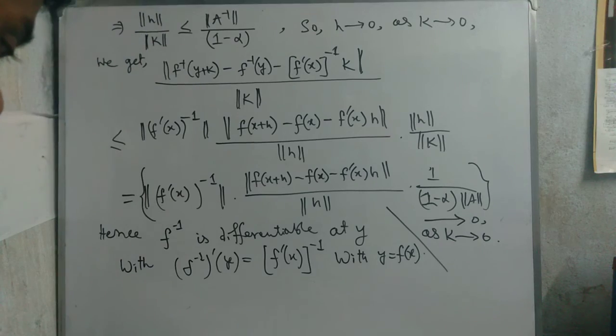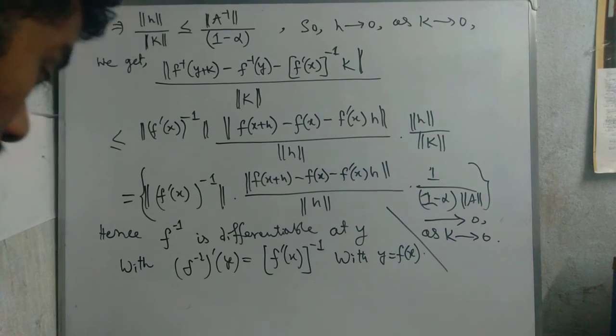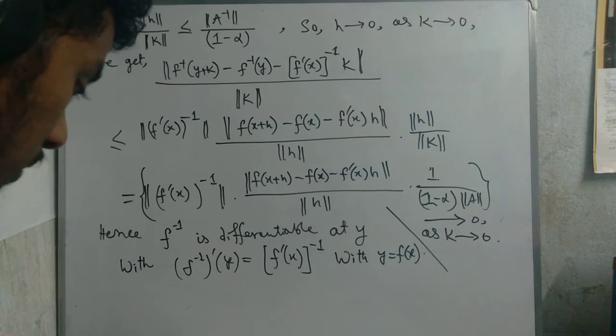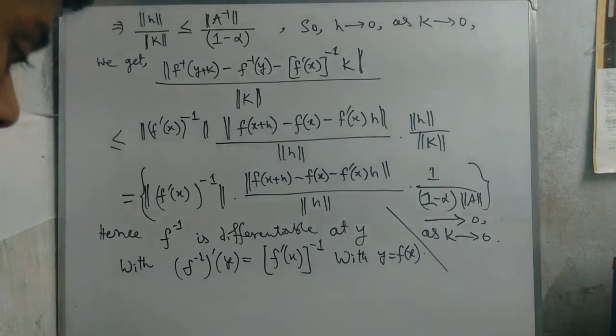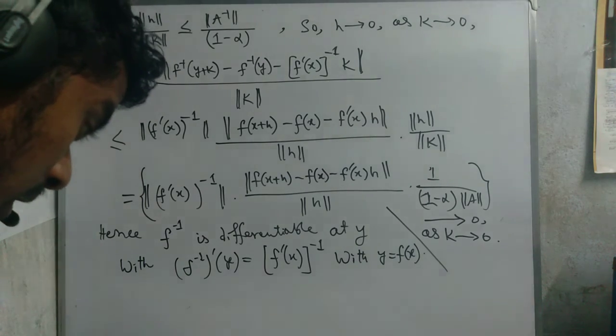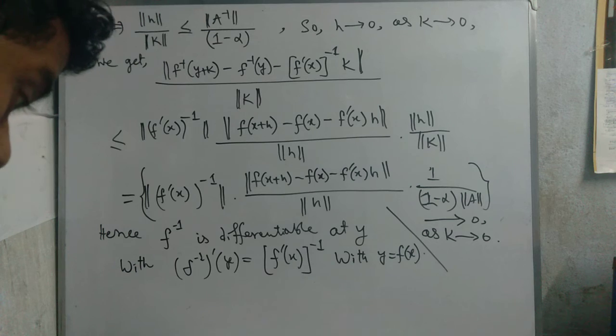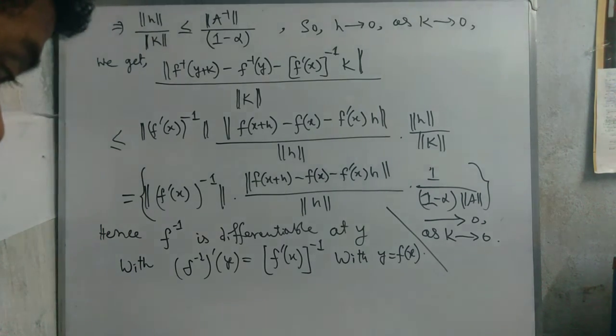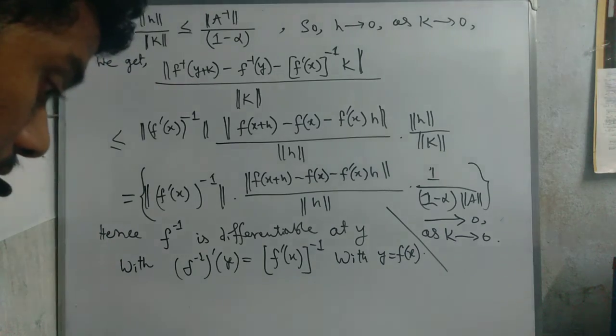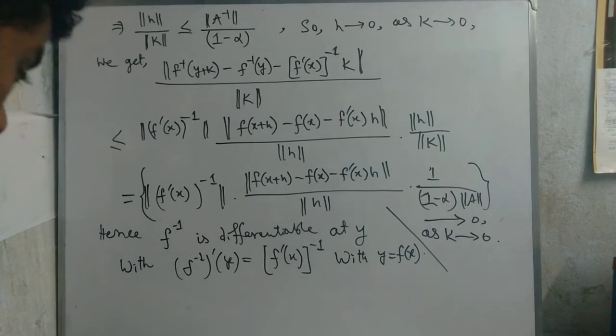Now from the note we see that the norm of φ(x+h) − φ(x) is less than or equal to the norm of h − A⁻¹k, and the norm of h minus the norm of A⁻¹k is less than or equal to α times the norm of h. So the norm of h by the norm of k is less than or equal to the norm of A⁻¹ divided by (1 − α).